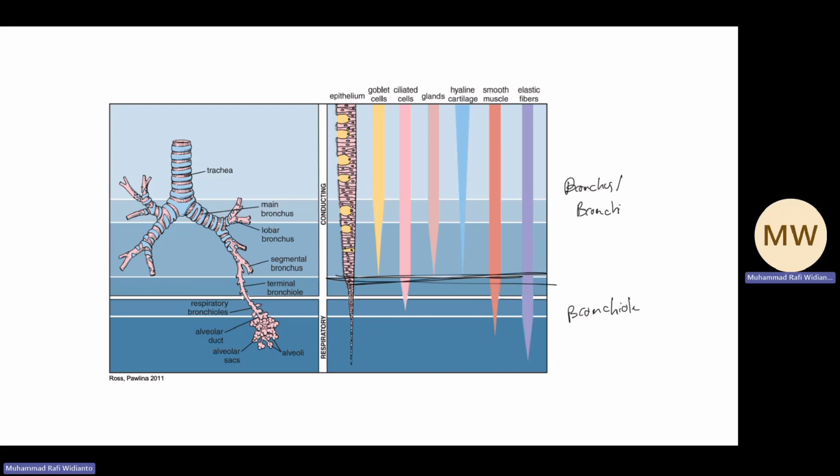However, the epithelium would still be there, but you can see that it is reduced in size. And also same thing with the ciliated cells, it decreases. And when you get to the alveoli, there are no ciliated cells, and you get the gist. But this picture is very, very important to compartmentalize things.